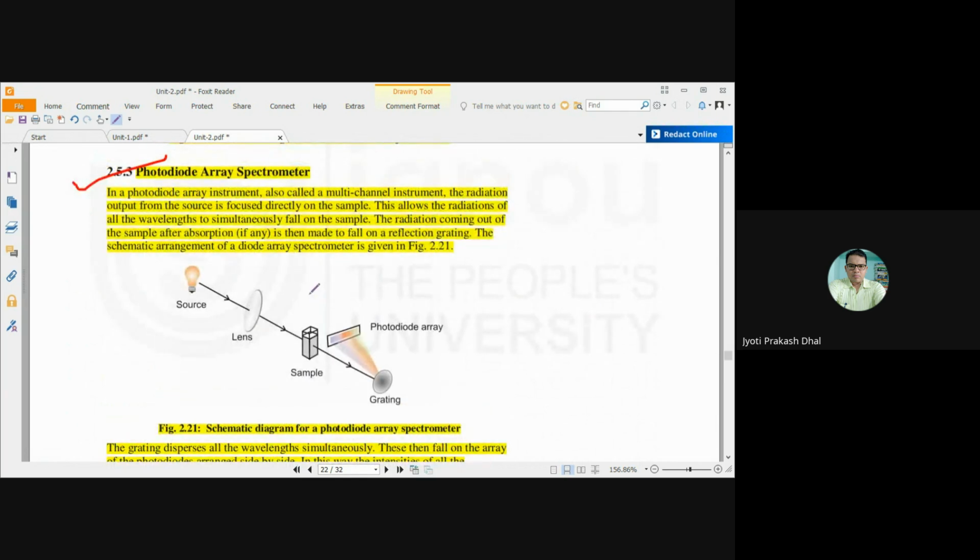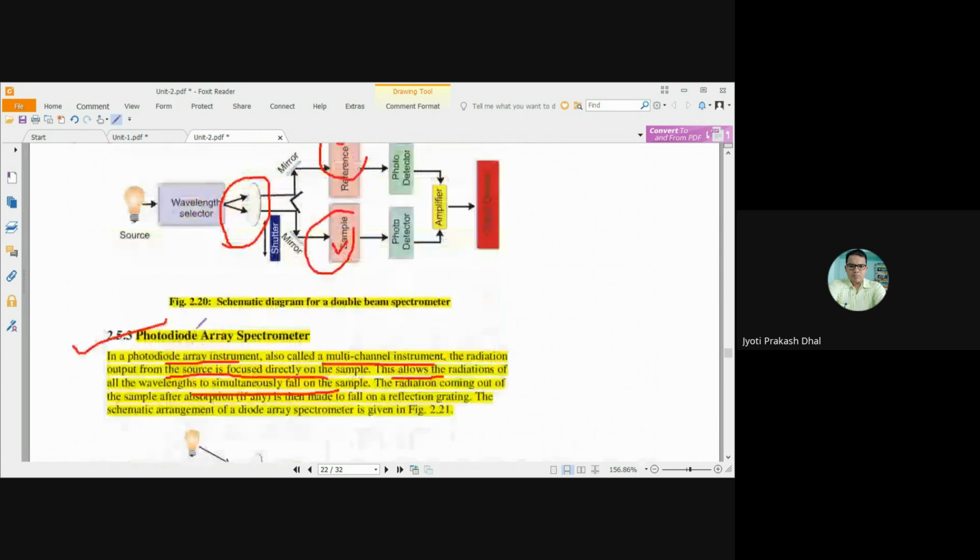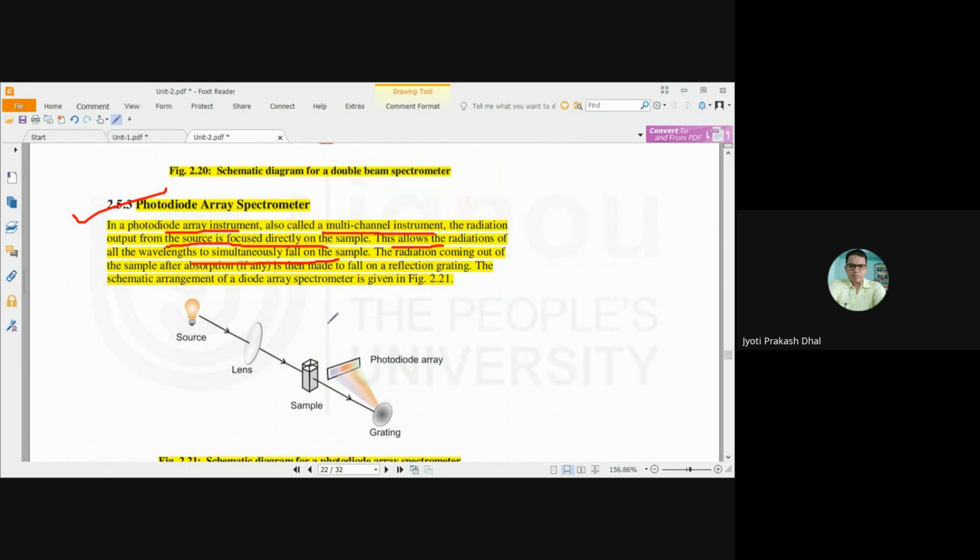And the third one is the photodiode array spectrometer. In a photodiode array spectrometer, that is also called a multiple channel instrument, the radiation output from the source is focused directly on the sample. This allows the radiation of all the wavelengths to simultaneously fall on the sample. In the previous section, the monochromatic radiation would fall one by one, but here all the radiations will fall on the sample.